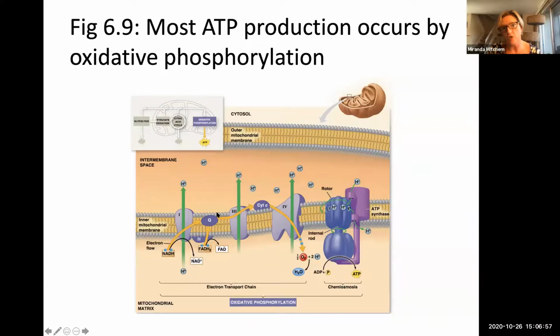This is the electron transport chain. So here comes our shuttle with its loaded electrons. And what happens is NADH moves through this protein complex 1. These complexes are also called proton pumps.